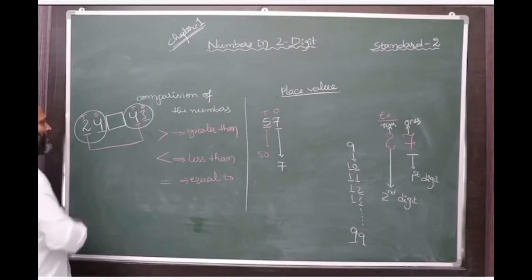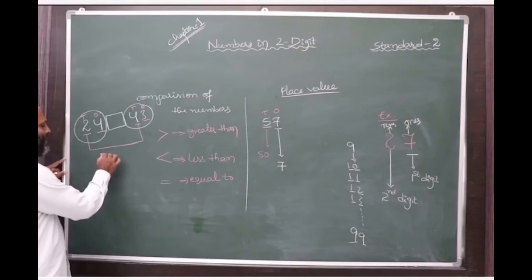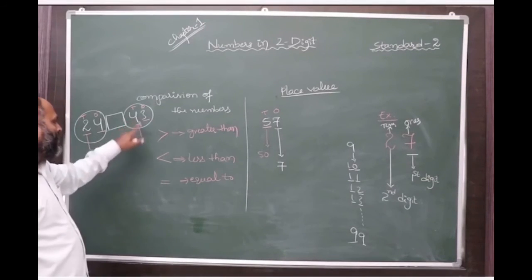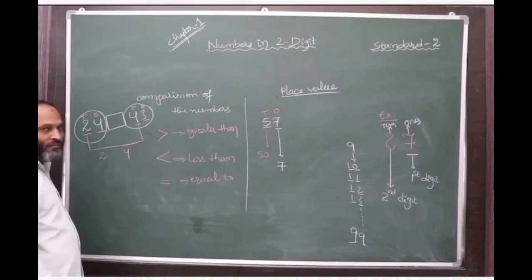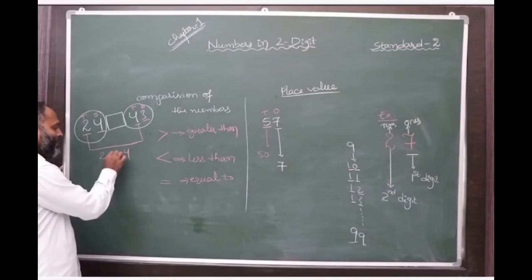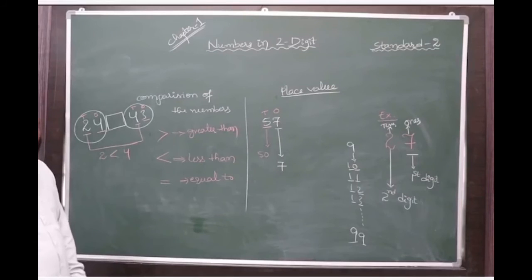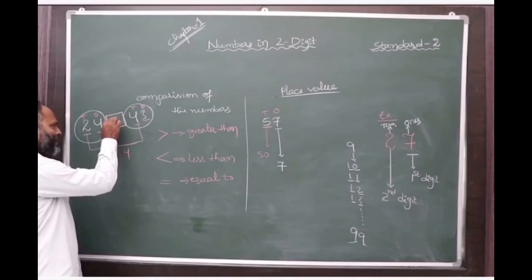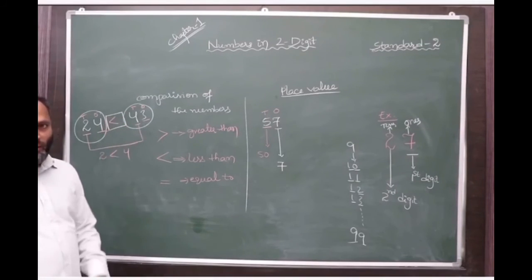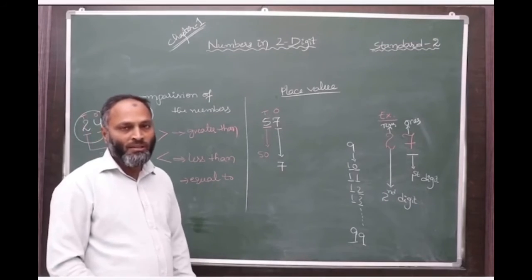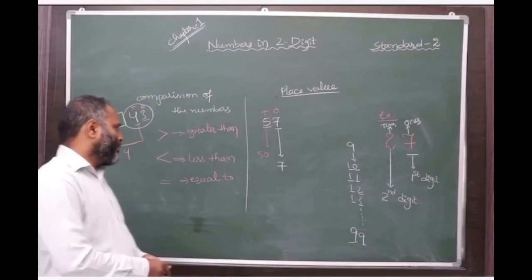In this tens place, 2 is there. In this tens place, 4 is there. 2 is less than 4. So that is why 24 is less than 43. In this way we have to compare.